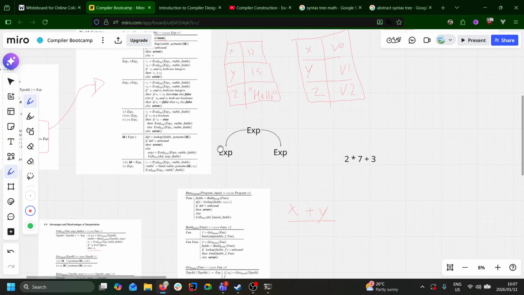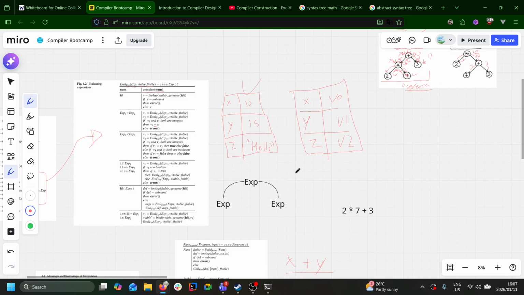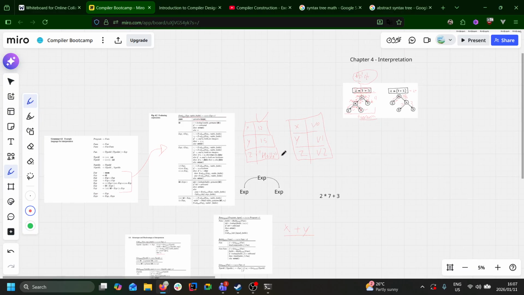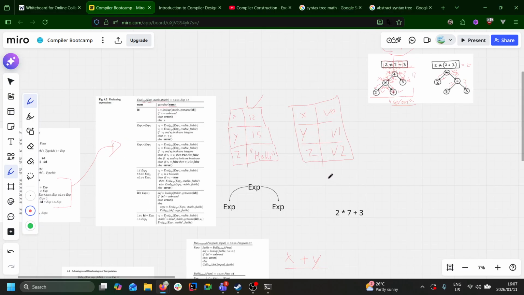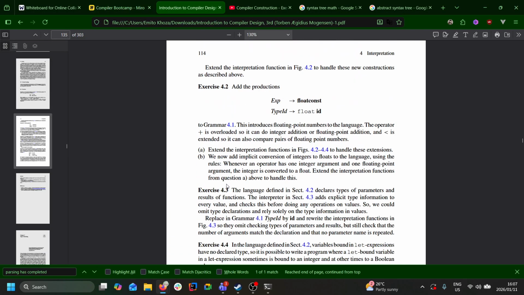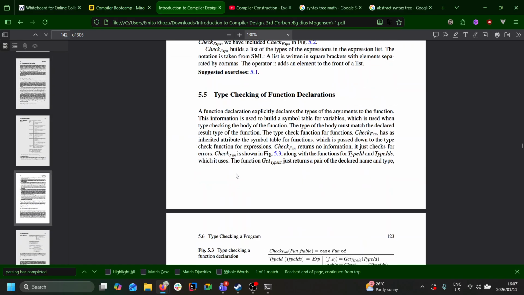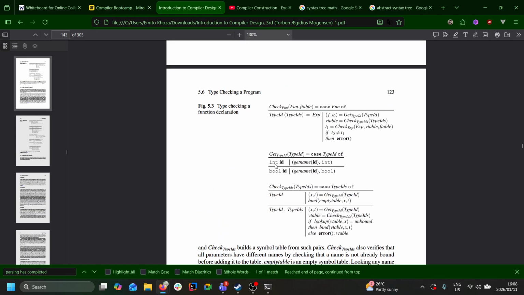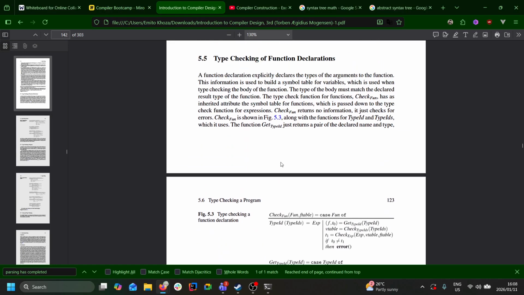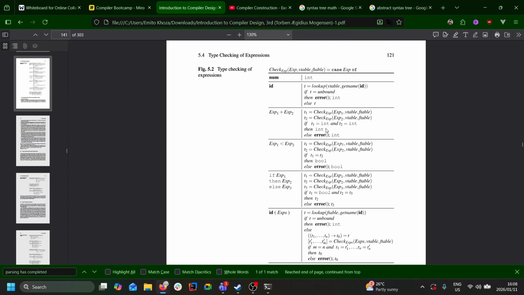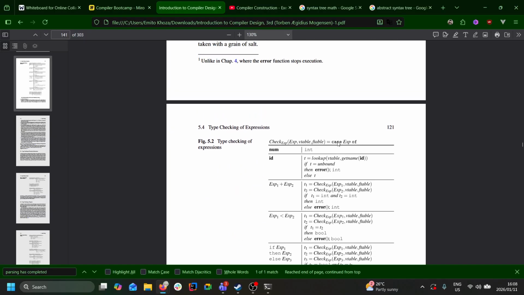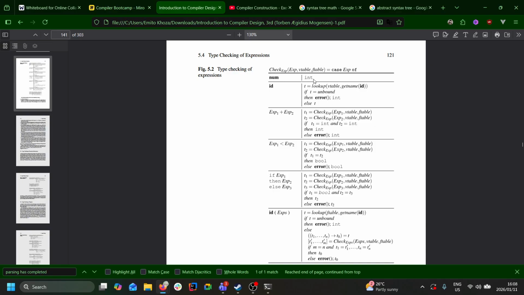The only difference is the v table, because they require different purposes, and the v table in chapter 5, I imagine, would have the types instead of actual values. It might have values, but it could also have the types where it just says this is a string, or this is an int.